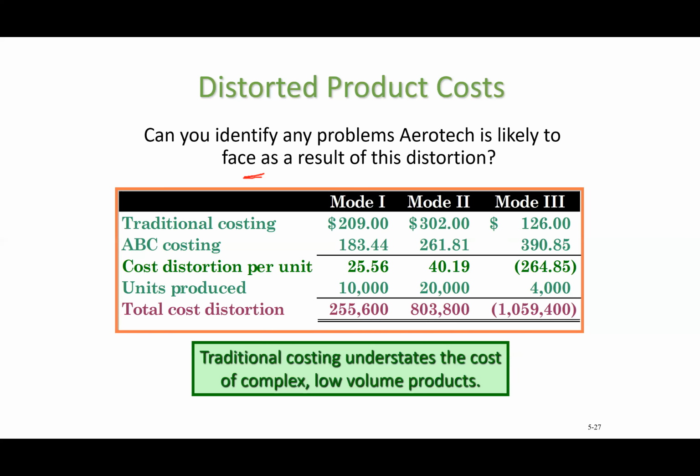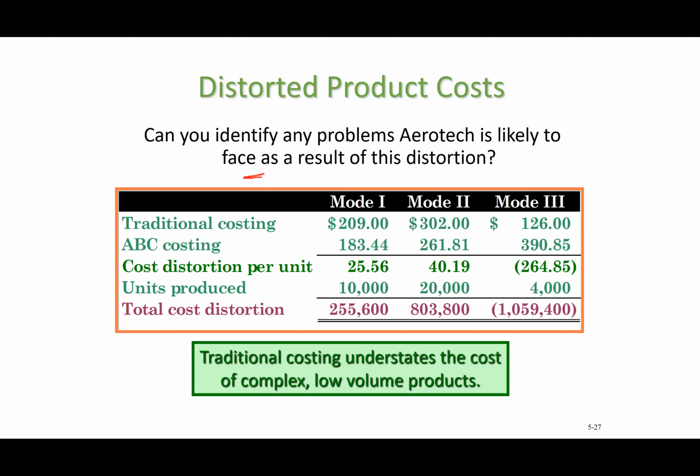All right. This problem with cost distortion is more evident when the cost distortion per unit is multiplied by the number of units. You can see there, the total cost distortion for Model 3 is more than $1 million. The essence of this problem is that the traditional volume-based costing system was over-costing the high volume product, which is Model 1, where you got 10,000 units. For Model 3, you only got 4,000 units.